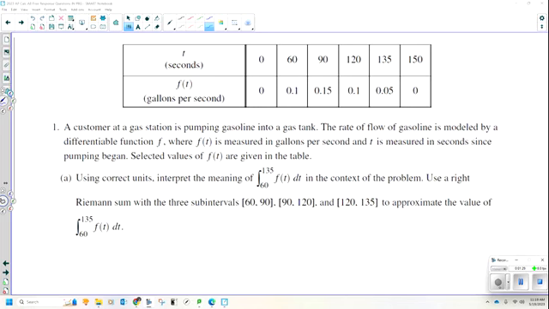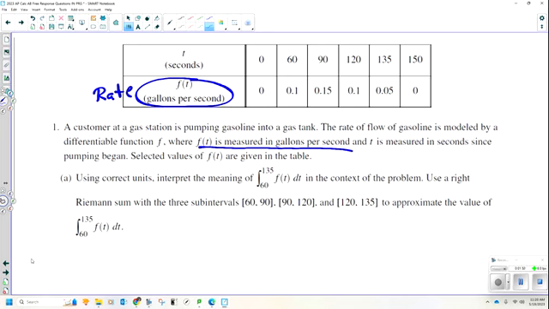This jumps out to me right away because that tells me that this is a rate. Okay? And t is measured in seconds since the pumping began. Selected values for f of t are given in the table above. If you know anything about what I do when I do these videos, I love graphs and tables and charts. Oh my. So this is great that we start with one.